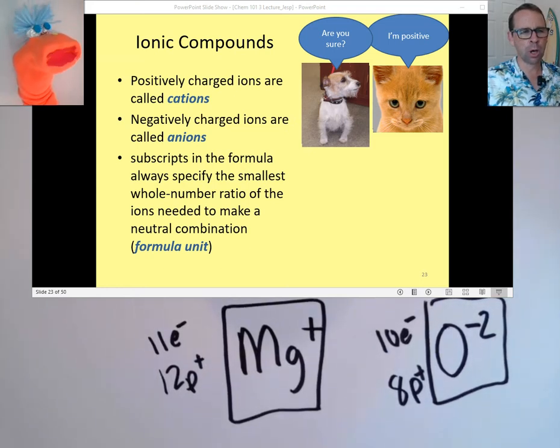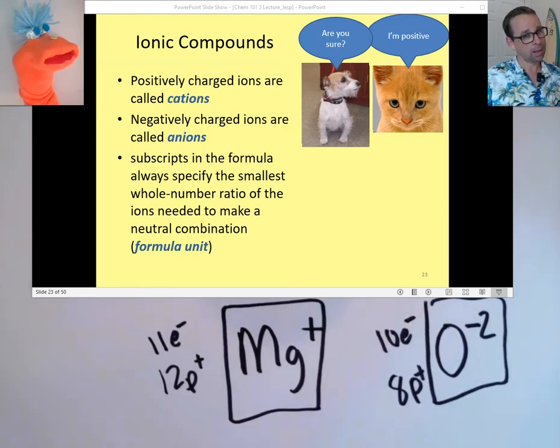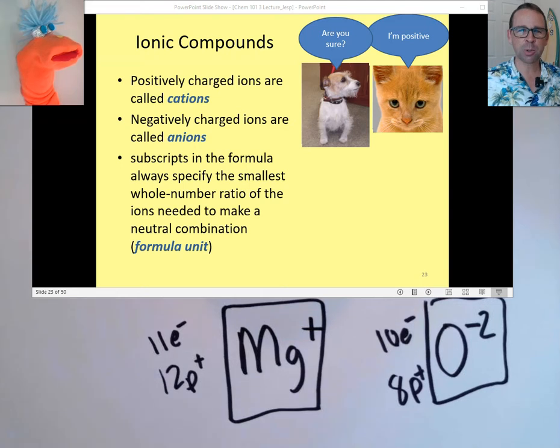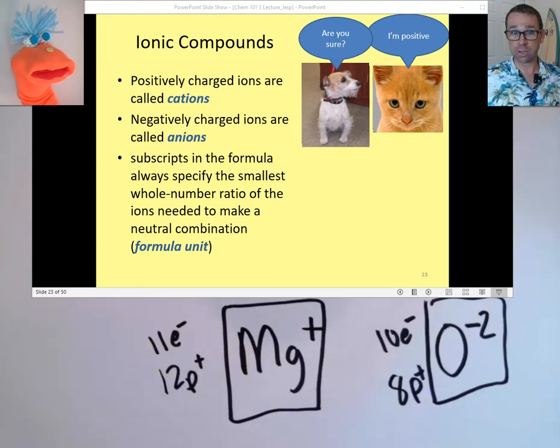Why do you have a picture of a cat and a dog there? Oh, that's a good question. You want to hear my joke? Oh, no. Should I not have asked? It's not the best of jokes, but it'll help you remember, hopefully, the difference between a cation and an anion. Here's the joke. A dog goes into a restaurant and meets a cat. And the dog says, "How are you today?" And the cat says, "I think I'm sick." And the dog says, "Are you sure?" And the cat says, "I'm positive."